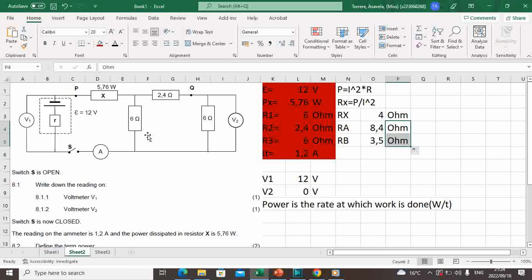Then this equivalent resistance is in series with Rx. Therefore, we can have our total external resistance.